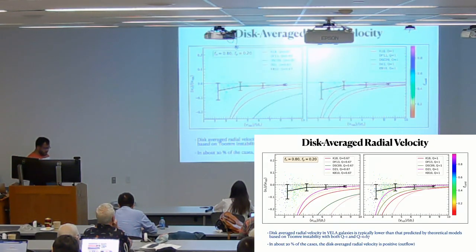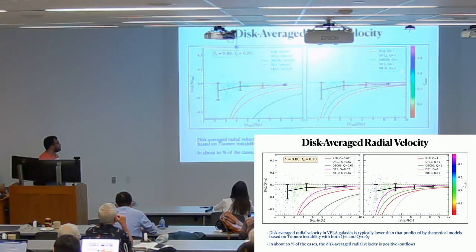What is shown here is the disk average radial velocity. What is plotted on the y-axis is VR over V naught, and on the x-axis is V naught over sigma. These two panels show the same points. So you see the result from all the different snapshots, and then it is compared with the theoretical models.